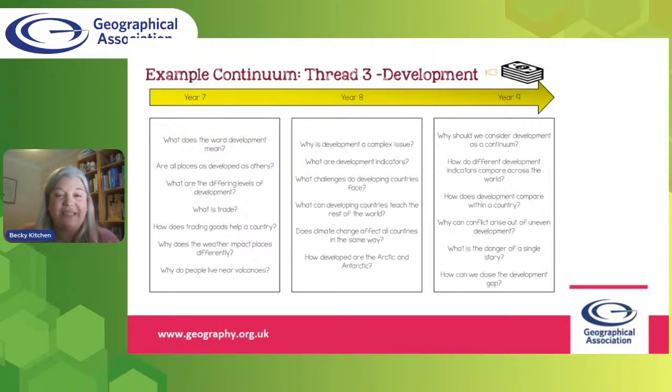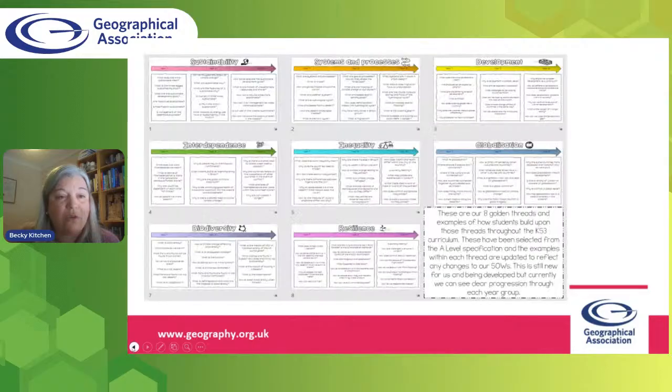Now, as I said, this whole warp and weft of concepts within a curriculum is quite difficult to achieve, but you can see the different stages for creating that. You start with your concepts, you identify those things that you want to have as really strong things that go through your curriculum.